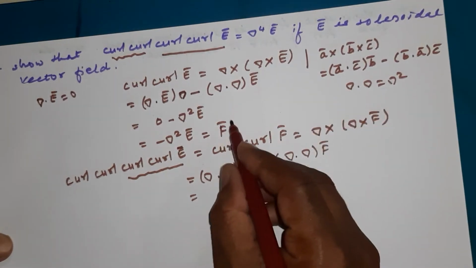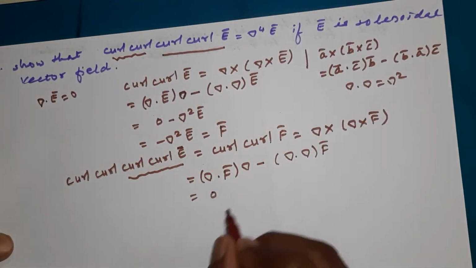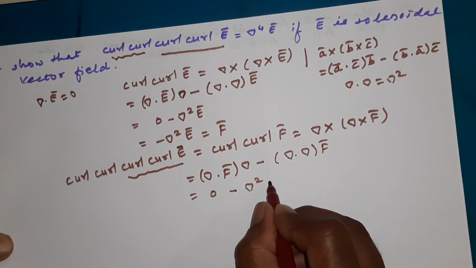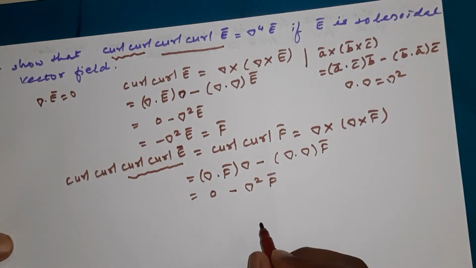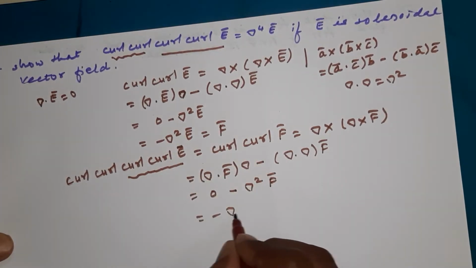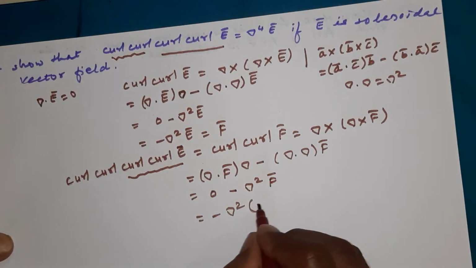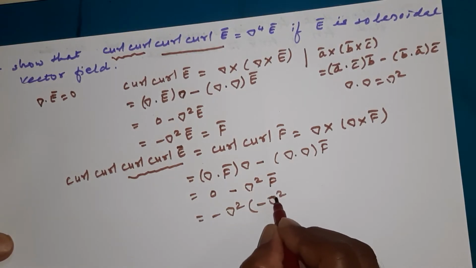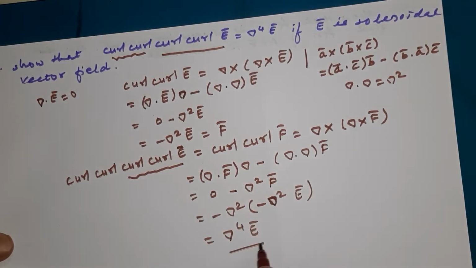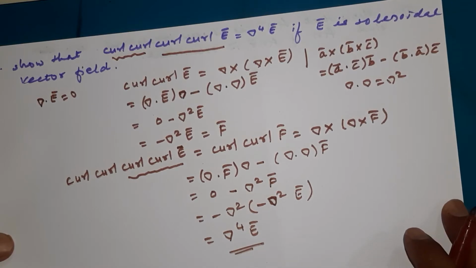So here del dot F bar is also 0 minus del dot del is del square, and here F bar. But what is the value of F bar? Value of F bar is minus del square E bar. Correct? Now del square into del square, it is del raised to 4 E bar. So this is our answer. Hope you have understood it.